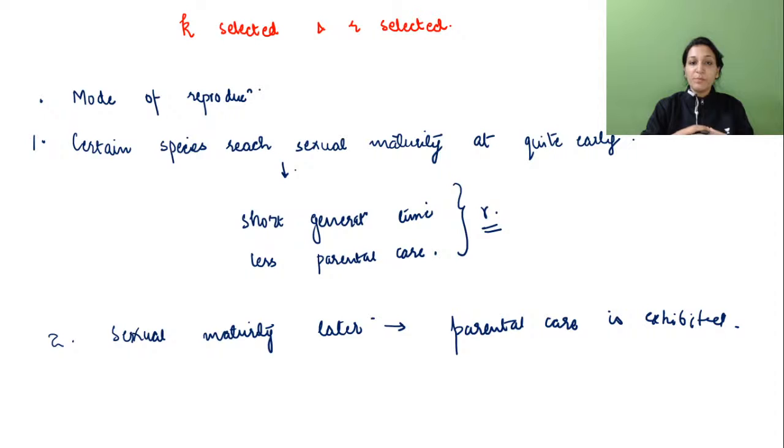And they tend to be more opportunist, that if the environment is good, they will rapidly increase in the number. Now they reproduce and disperse rapidly also, like we see rodents, they are dispersed everywhere and they can survive in many conditions. After that, the species which reach sexual maturity later in life are called K-selected species. These species put very little energy in reproduction.